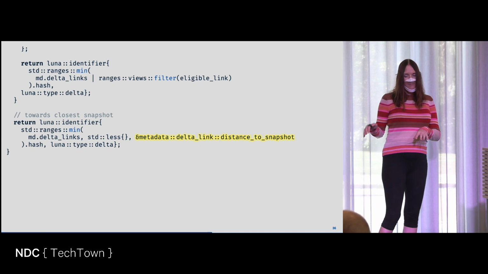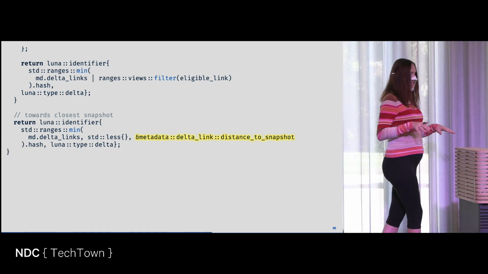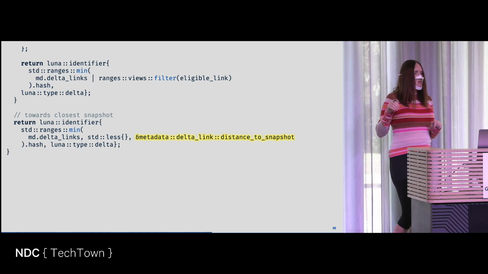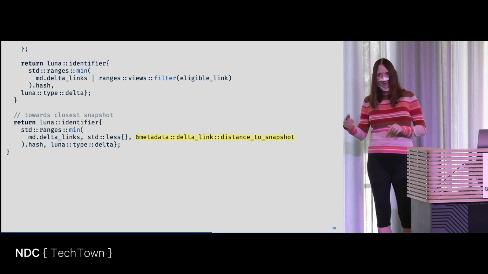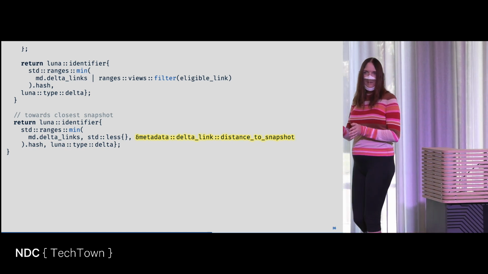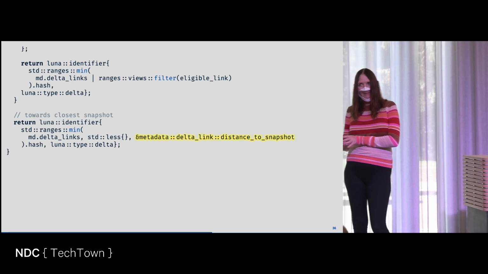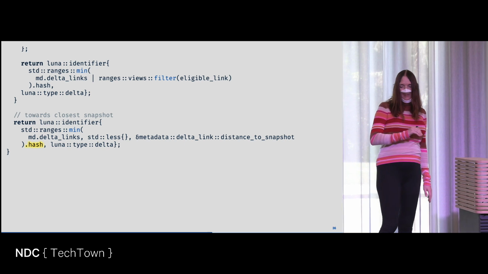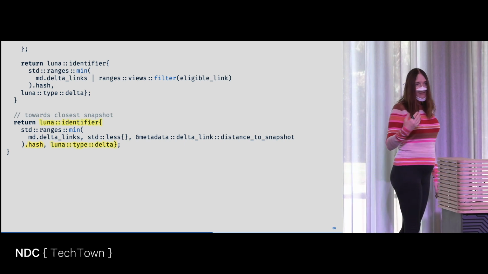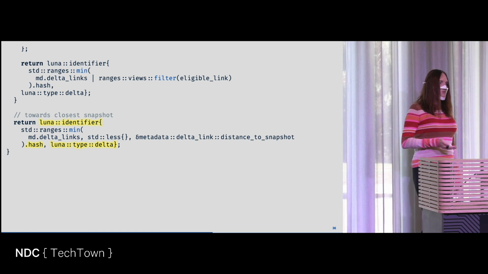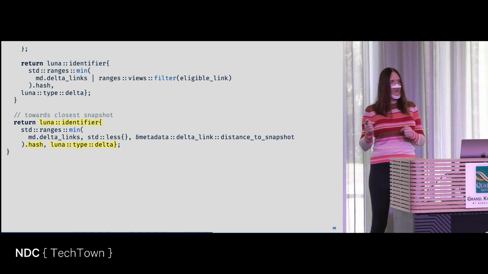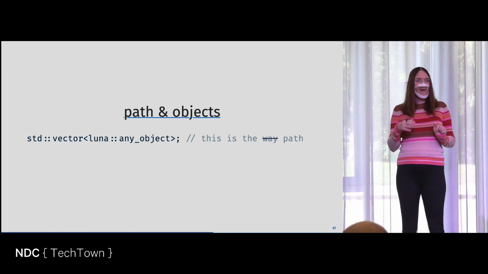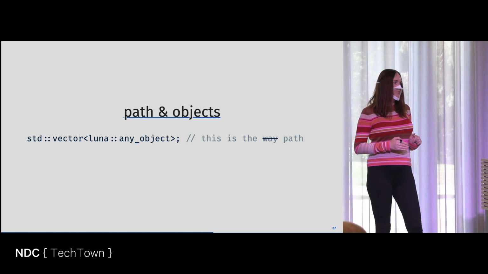With this, we will get the lowest timestamp of delta link, the shortest path to snapshot, because this is maybe the number of bytes you need to download, or the number of jumps, whatever you optimize for. And then we will take the hash, create a delta identifier, and tell our user to download the delta from this delta link. Okay, so you can actually represent a path through the graph as a vector of any object.